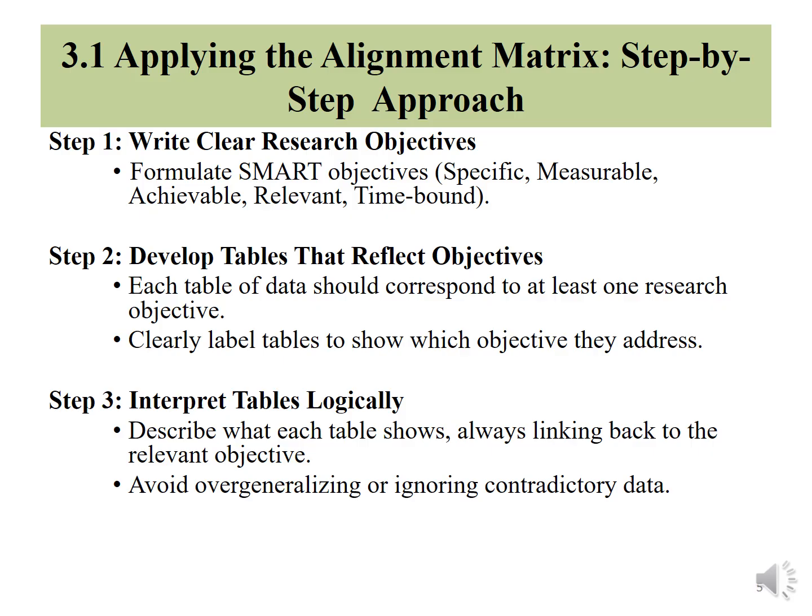They can respond to more than one, but at least one should be there. Clearly label tables to show which objective they address. So, every table should reflect at least one objective and the researcher should be clear, and in the alignment matrix we label it.